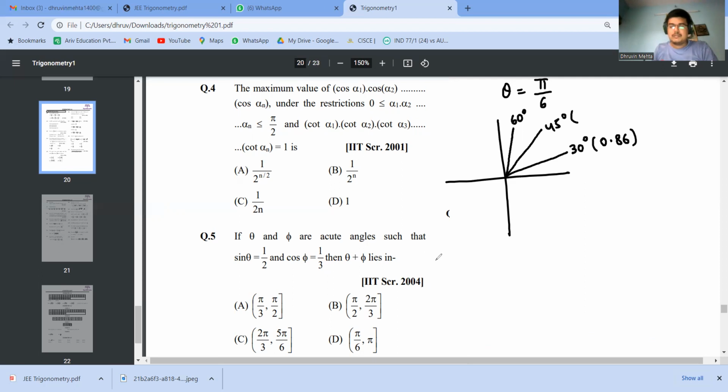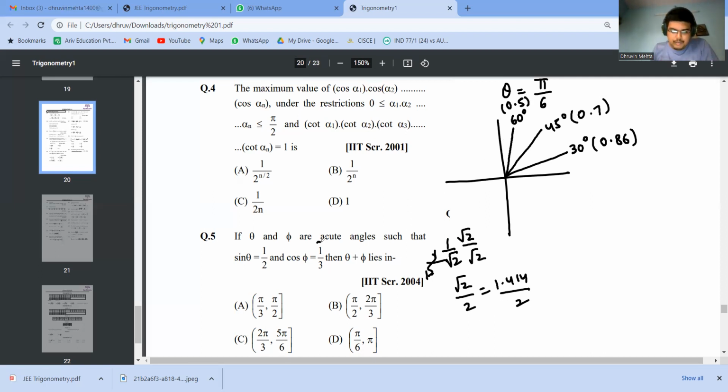Let me rationalize it, so we will get root 2 by 2, which is 1.414 upon 2, which is approximately 0.7. And what about 60? It's 0.5.